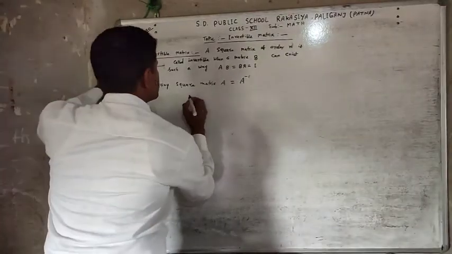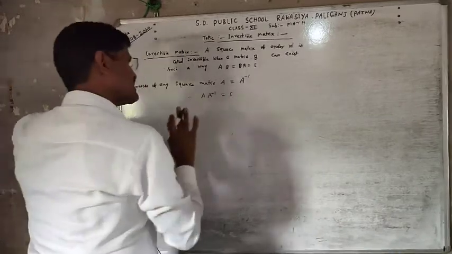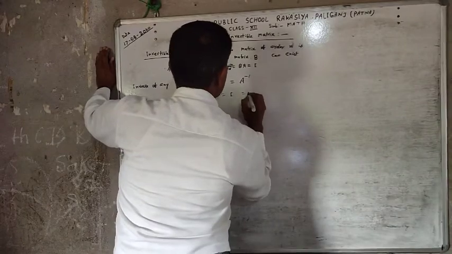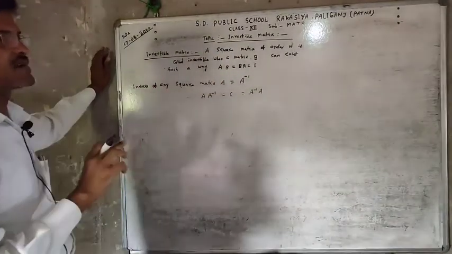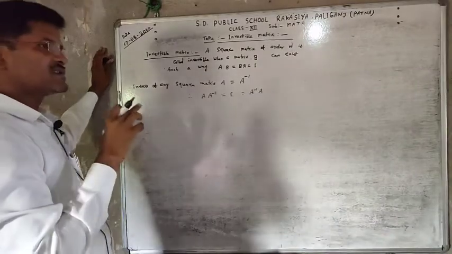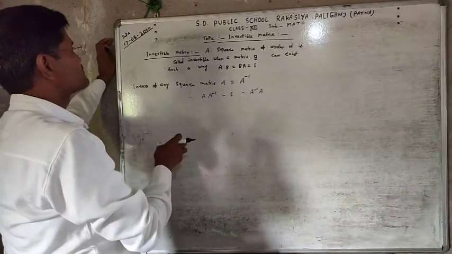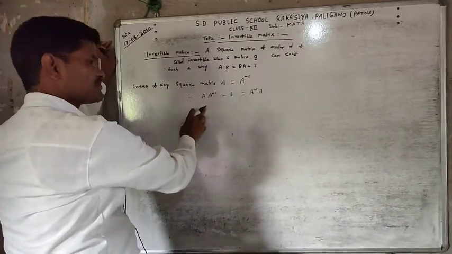Hence A into A inverse will be equal to the identity matrix, or A inverse into A will also be an identity matrix. The identity matrix is a matrix of the same order as the given square matrix.